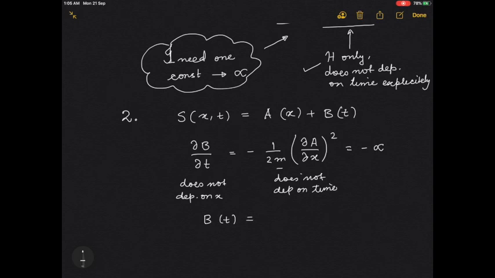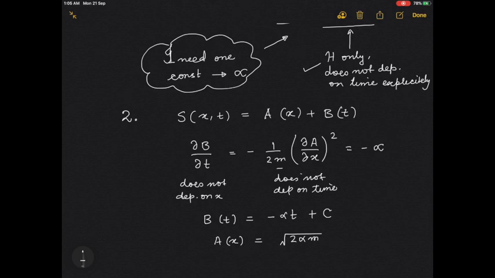Okay, so once I do this, I can solve separately for B. So B as a function of t is then minus alpha t plus some constant, let me call that c, and I also get that A as a function of x is, what is that?